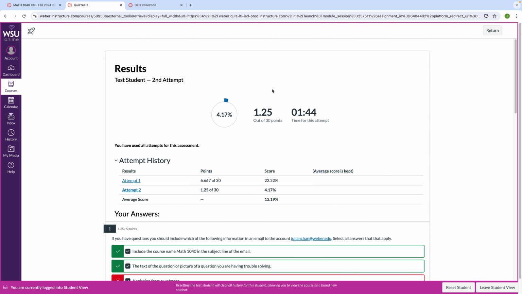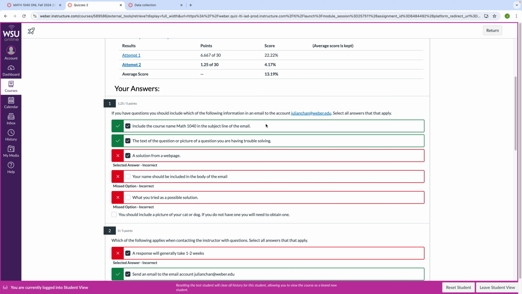Okay, I didn't do very good. Okay, well, let's see what happened here. So here I selected two correct answers and I selected an incorrect answer. Because I selected this incorrect answer, it was worth negative points and I only got the equivalent points of one of the correct answers.